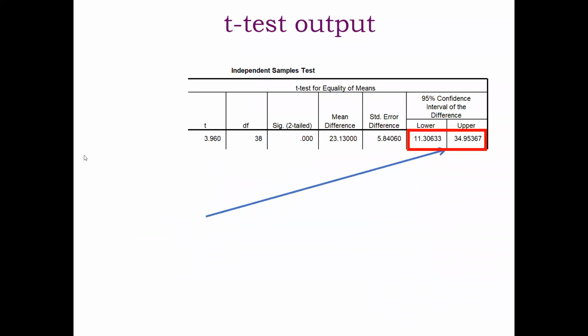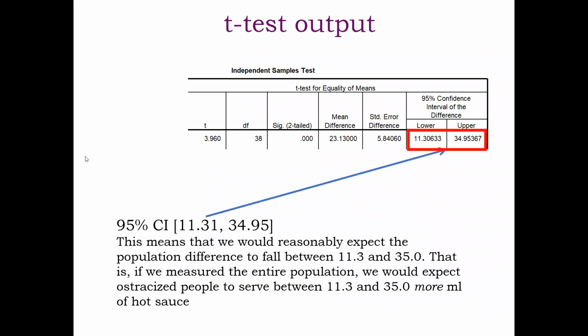All right, so here we have that confidence interval. We write it 95% CI, confidence interval, a bracket 11.31 comma, and the upper limit and another bracket. And this just means that the difference in the population could be anywhere between 11 and 35 milliliters of hot sauce.